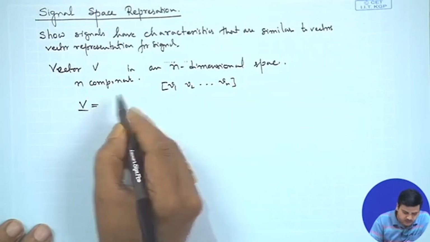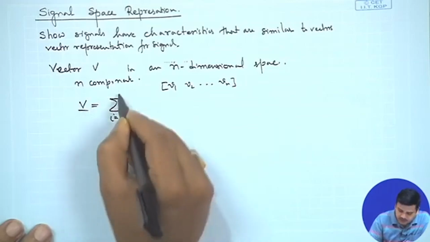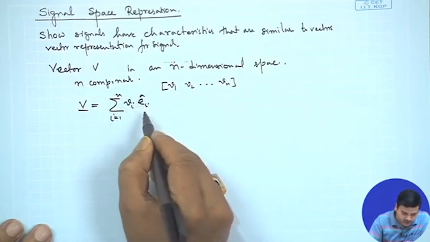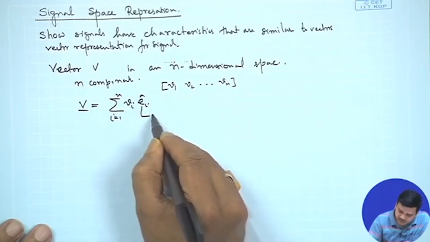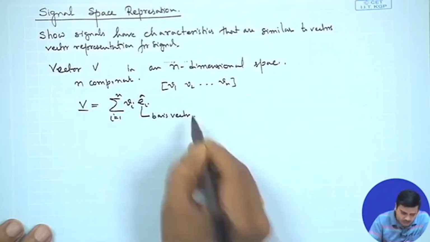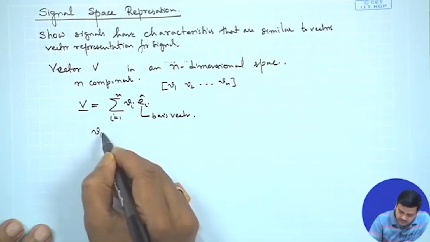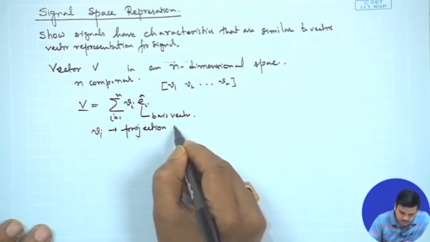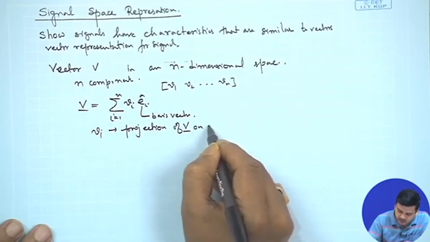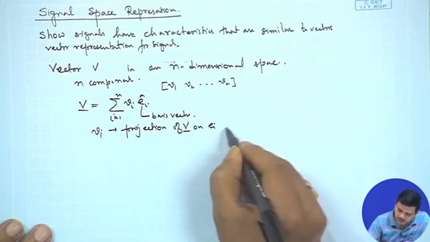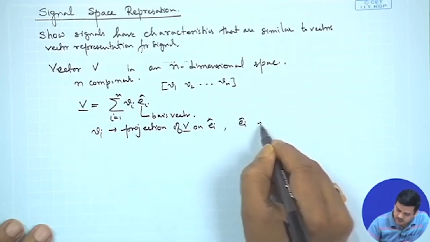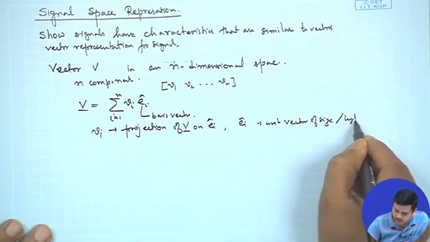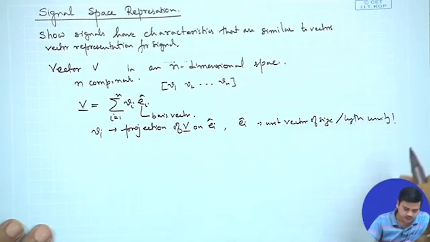So basically this vector you could write as summation i equals 1 to n of vi ei, where ei are the unit vectors or the basis vectors. And you could also say that vi is the projection of v on ei, and ei is the unit vector of size or length unity.